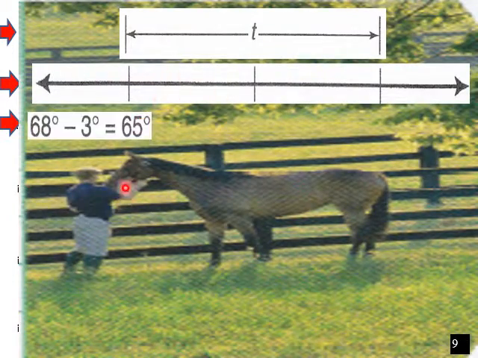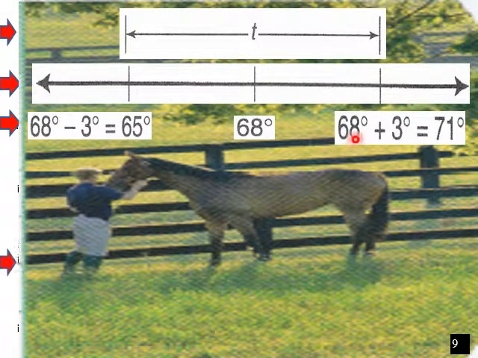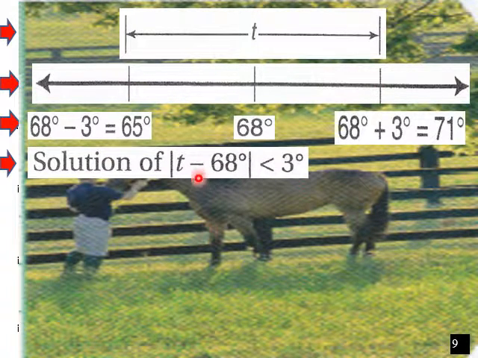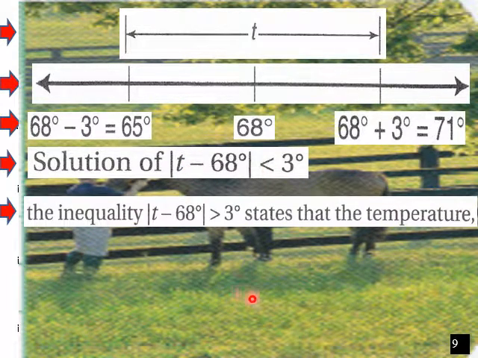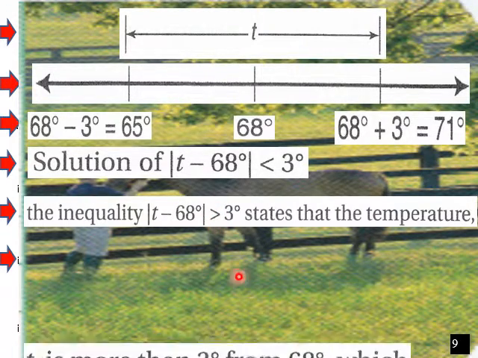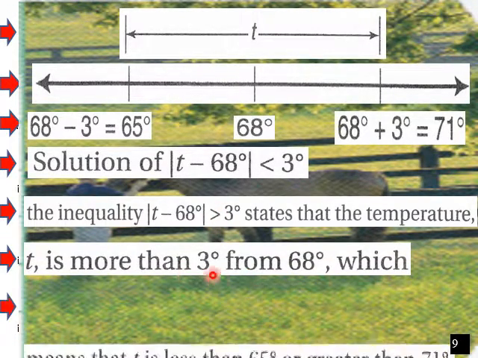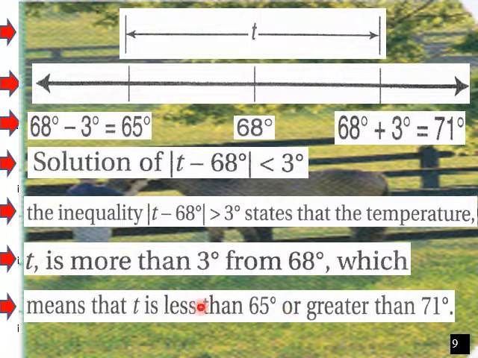Here would be a graph of this situation: 68 minus 3 is the lower limit, 68 is in the middle, and 68 plus 3 is the upper limit. The inequality |t minus 68 degrees| greater than 3 degrees states that the temperature t is more than 3 degrees from 68 degrees, which means that t is less than 65 degrees or greater than 71 degrees.